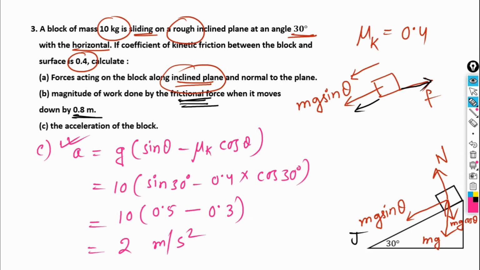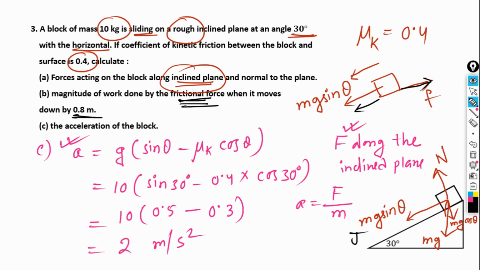There is another way. In question number 1 we have found the force along the inclined plane, right? Already we had calculated the force along the inclined plane. Acceleration will be that force calculated in part A along the inclined plane, divided by the mass of the block.